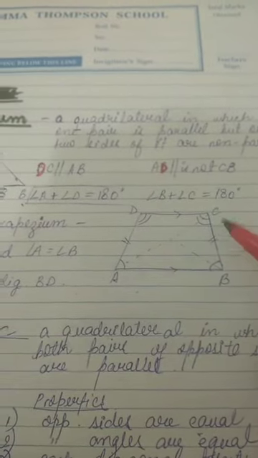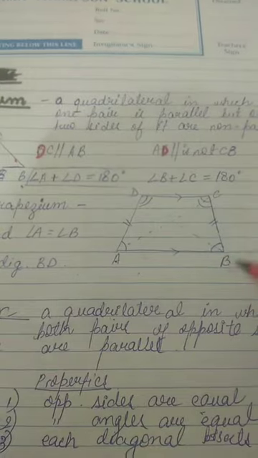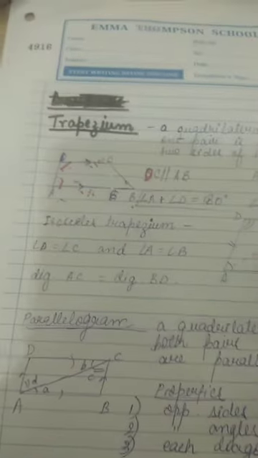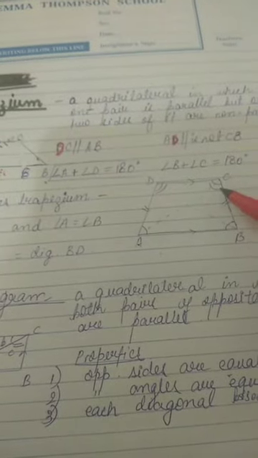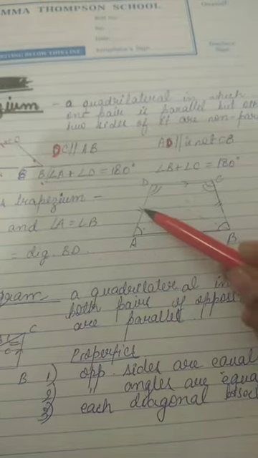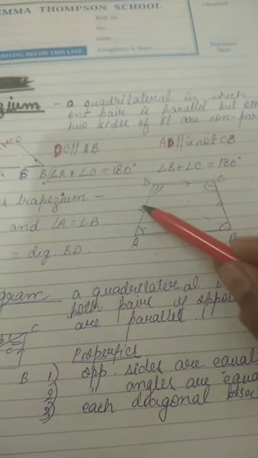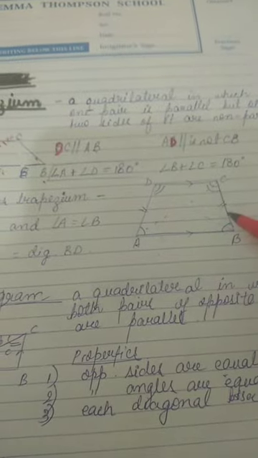So in this, again AB is parallel to DC, and AD is not parallel to BC. Angle D is equal to angle C, because you can see the two marks on this line and two marks on this line, so these lines are equal to each other.